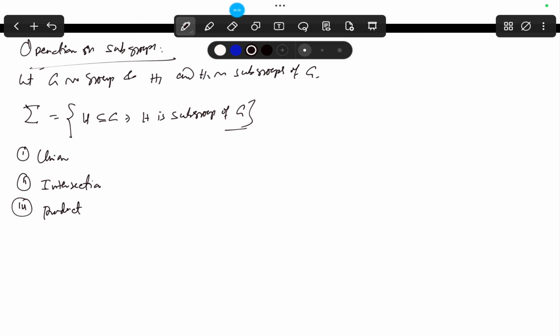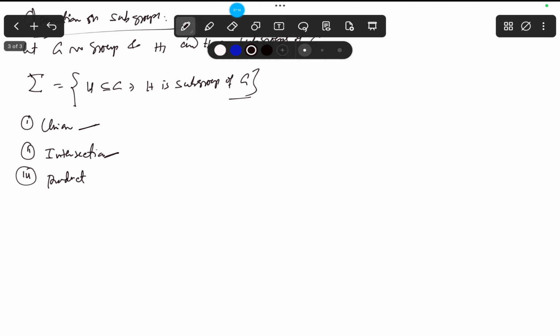Okay, now we'll be defining product, what is the product of two subgroups later, but let us first go with the union and intersection. So let us check whether the union of two subgroups is again a subgroup or not.